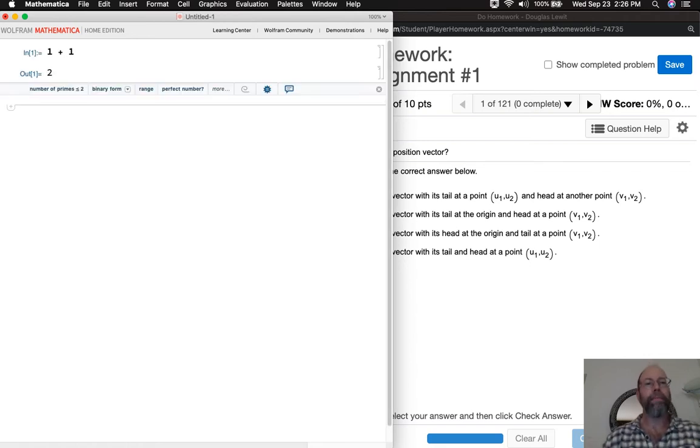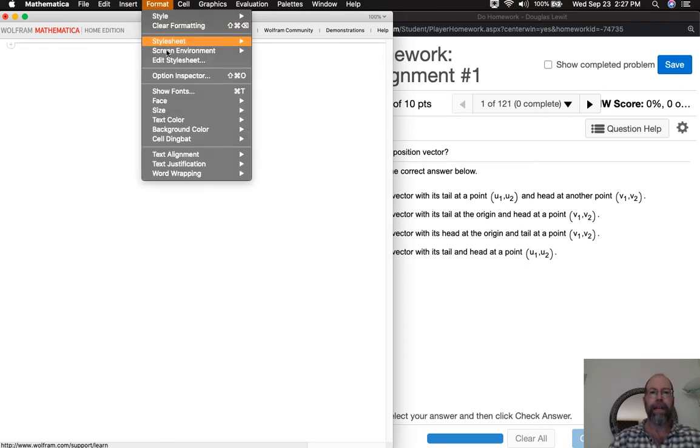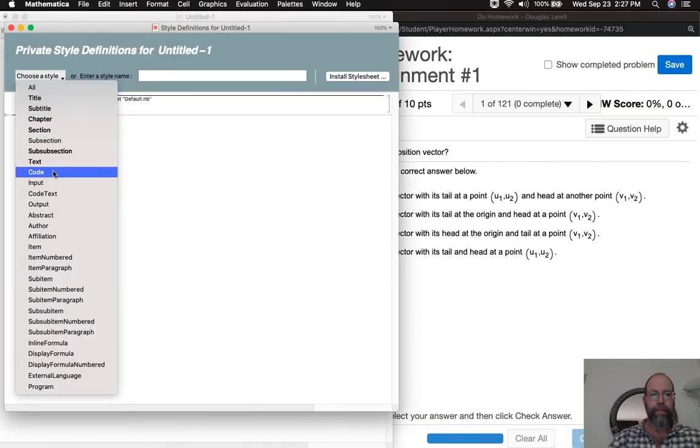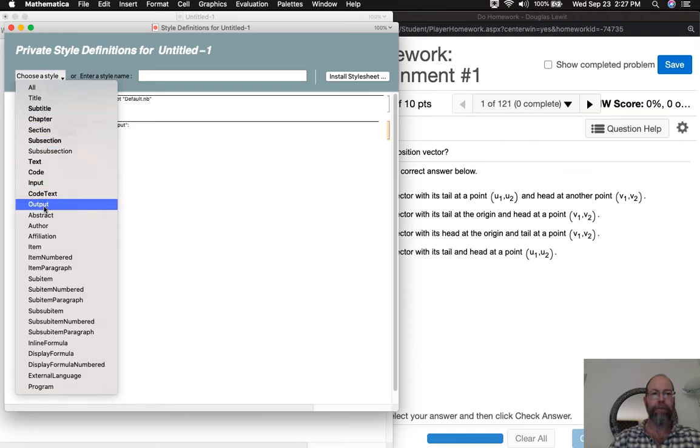Okay, it looks fine, but you know what? I want to change my font and font colors a little bit. Format, edit style sheet, input, and output.